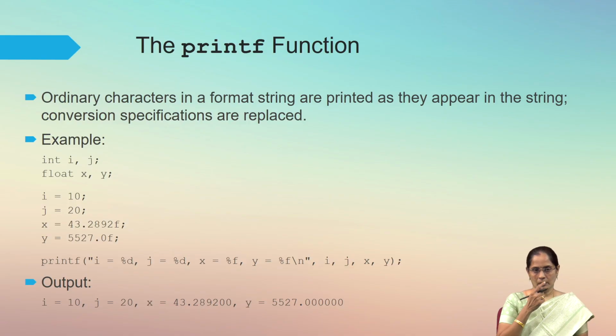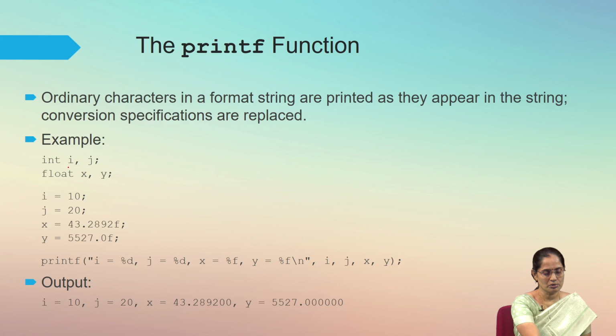We will see the use of conversion specifications with a small example. In the example given, the values of i and j are integer values, and the values stored in x and y are floating point values. So we are storing integer values in the variables i and j, and floating point values in the variables x and y.